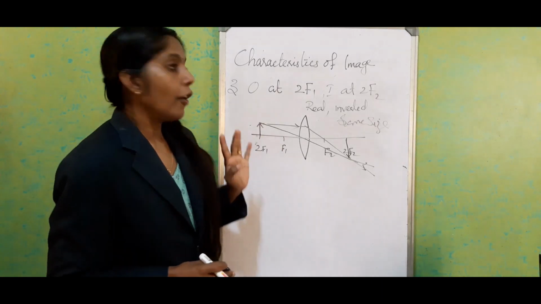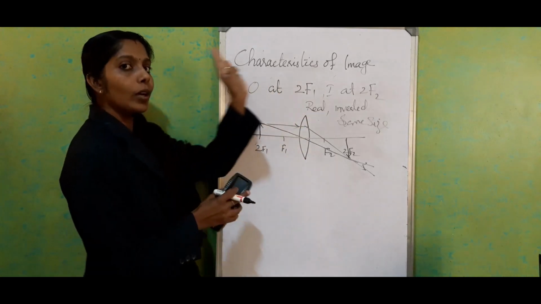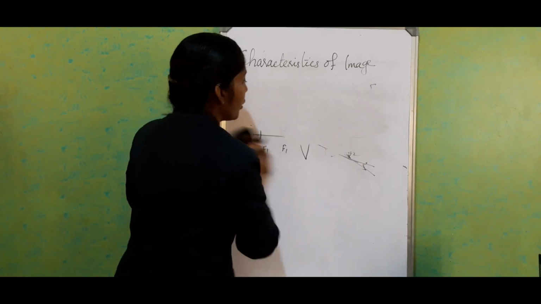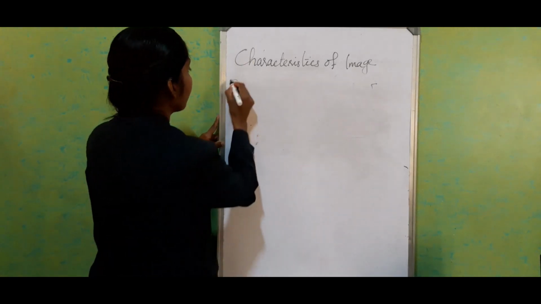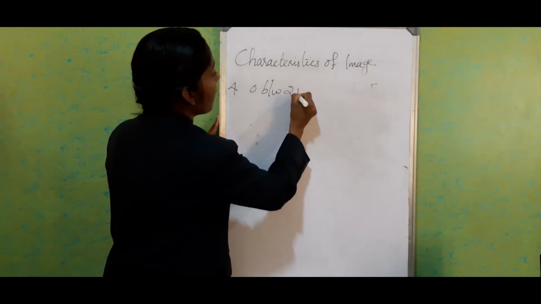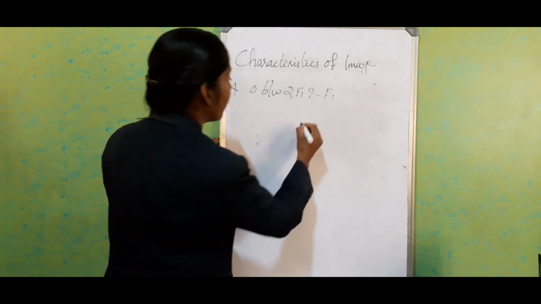Okay. Now we are moving to our next condition. Now object is at 2f1. Now slowly it has to come towards the lens. A fourth condition, object between 2f1 and f1.